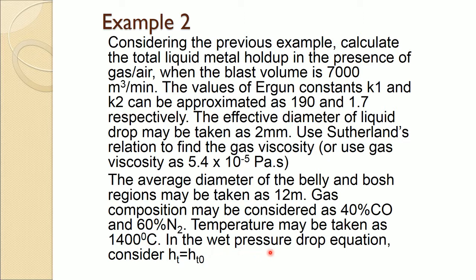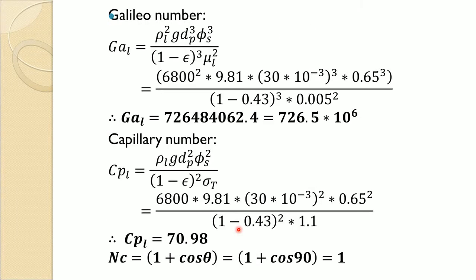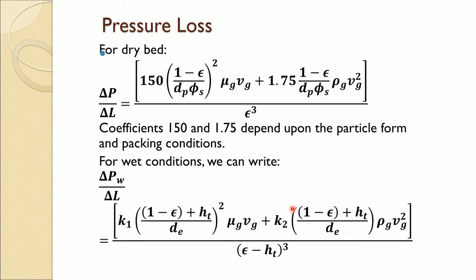In the wet pressure drop equation, consider HT equal to HT naught. So, this is a simplification. To simplify this equation, as you will observe here, this HT term is coming in the pressure drop term.